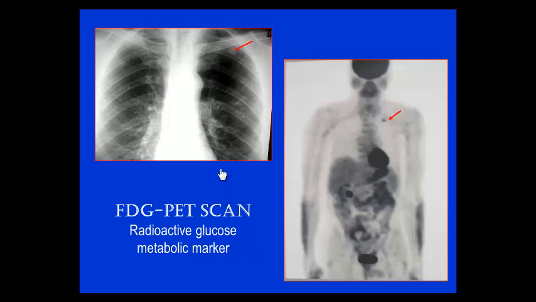So here's another example, something called a PET scan, FDG PET. That's fluorodeoxyglucose. It's basically just a radioactive glucose, and it will travel with the regular glucose, with the glucose that goes to metabolic sites, and so we can see these areas in the body right here.